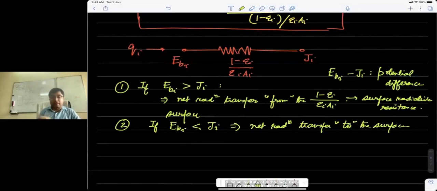So there are two cases. One is that energy has to be provided externally. The other is that energy has to be removed from the surface to maintain its temperature.